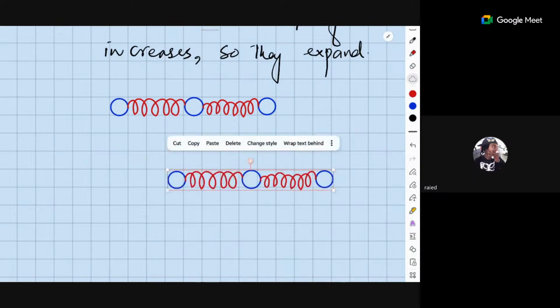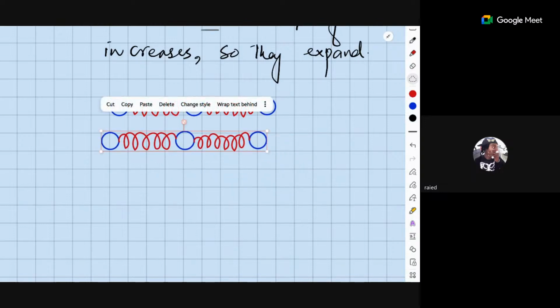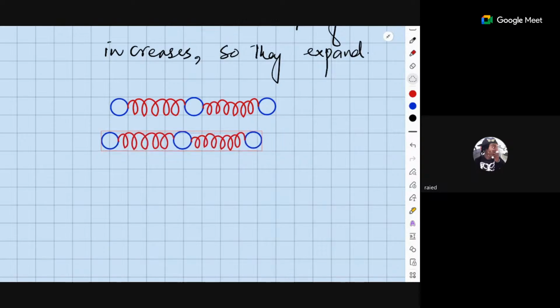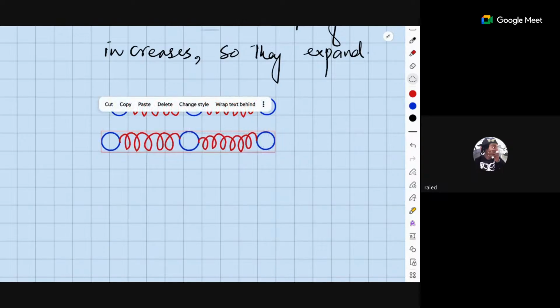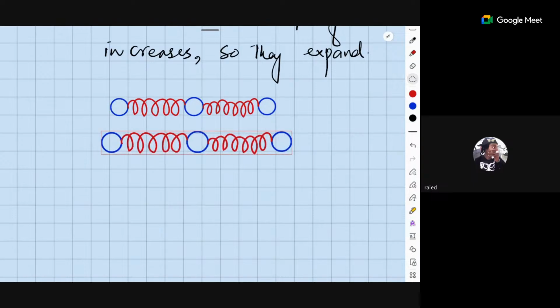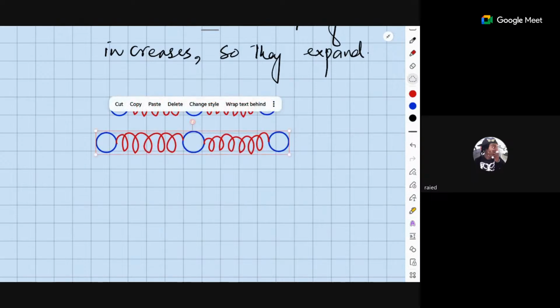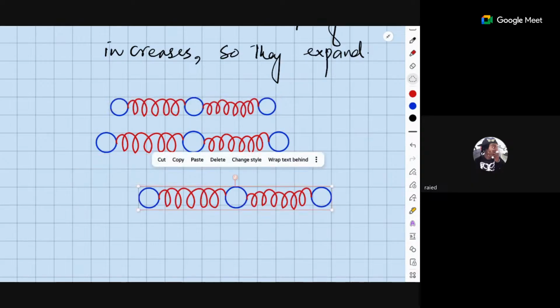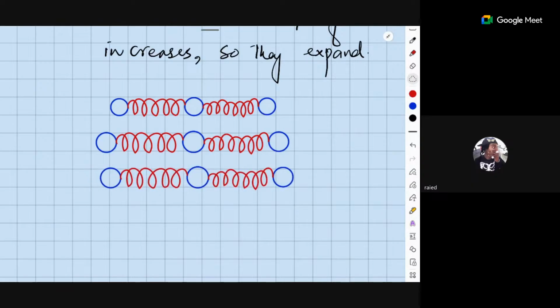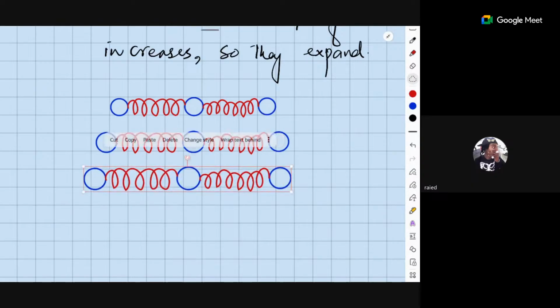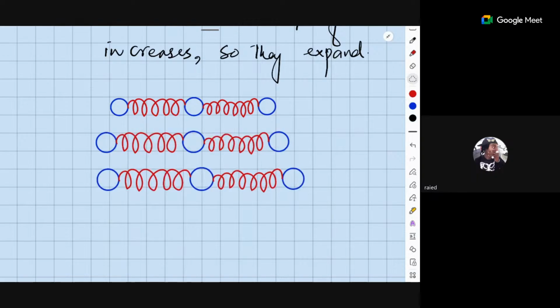So, when the temperature increases, the molecules get up, that is, these molecules move apart from each other, right? In this way, when they move apart from each other, did you notice that their length has been increased? Their length has been increased. So if you increase the temperature more, the length increases more.